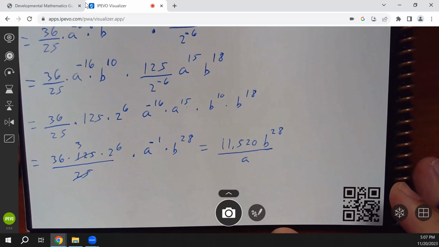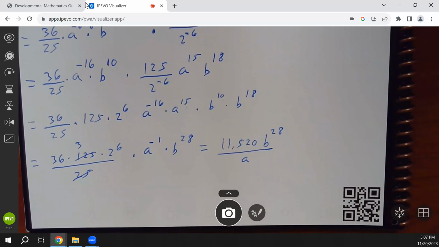Okay. I know that was a lot of steps. It's the same thing over and over again. They just do it a bunch of times.